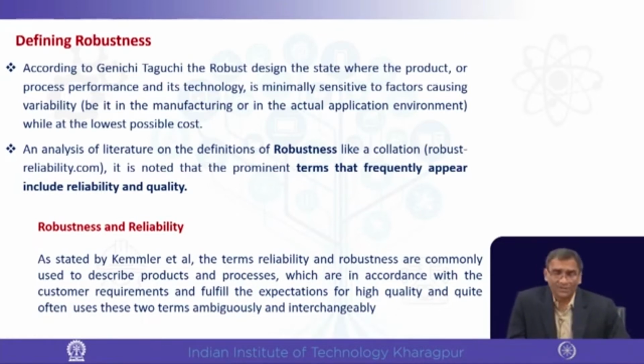Also, Kemmler has observed that the terms reliability and robustness are commonly used to describe products and processes which are in accordance with the customer requirements and fulfill the expectations of high quality, that is good quality, and quite often these two terms are used ambiguously and interchangeably. So, they make no distinction, though technically there is a distinction, but irrespective of those concerns we will deal with both, so that we understand that the entire gamut is covered. So, there is no further complication in the discussion.